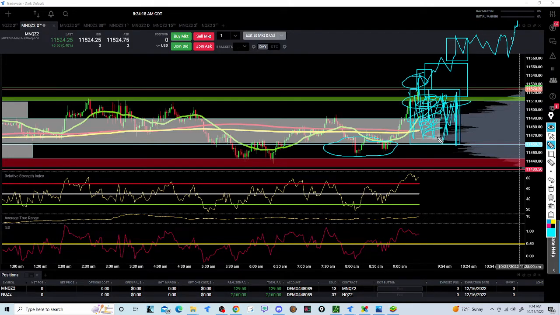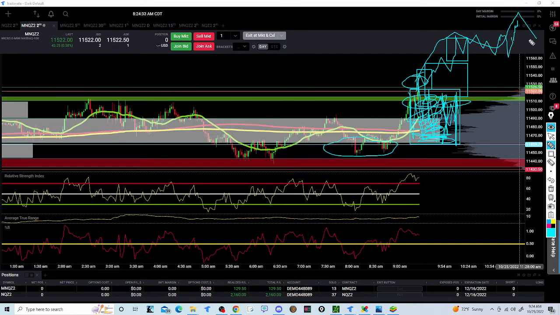Typically, like I said, the market does not like to be out of balance. So typically, I tell you, it will fill that gap within a day or two. Okay? 95% within the first week, 100% within 2 weeks.